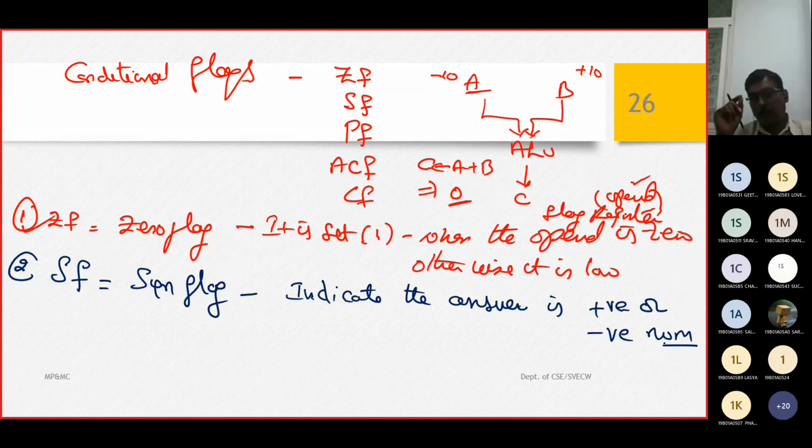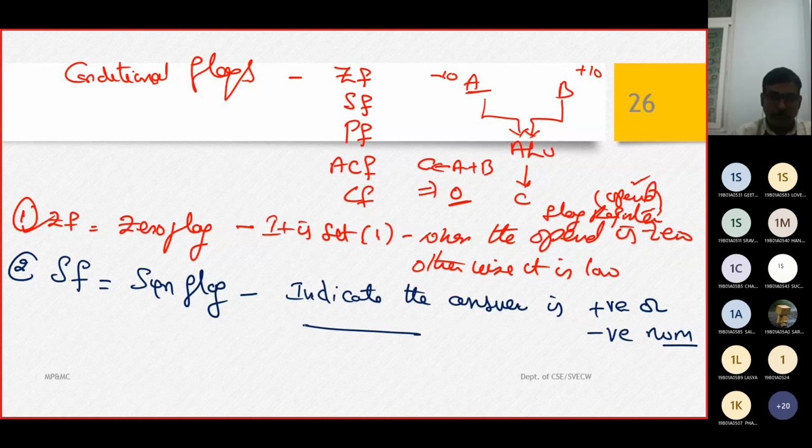It looks at the most significant bit position, and it is going to determine whether the generated opcode is a positive number or a negative number. That indication is given by the sign flag.